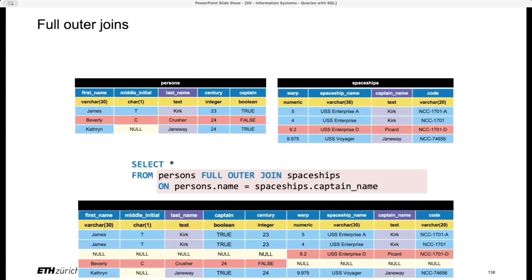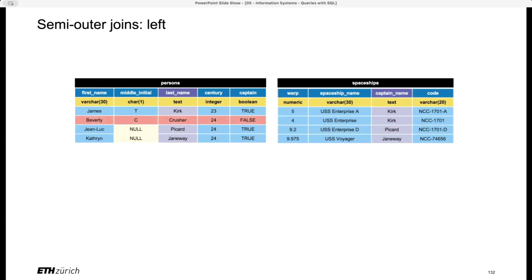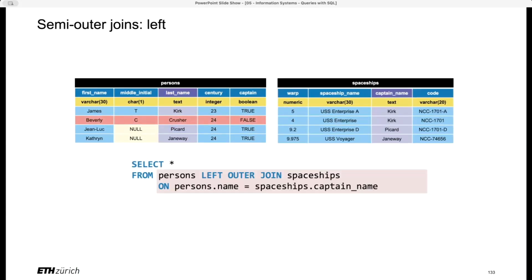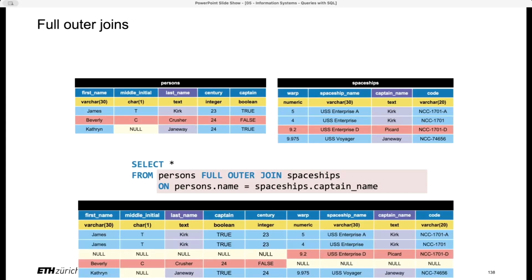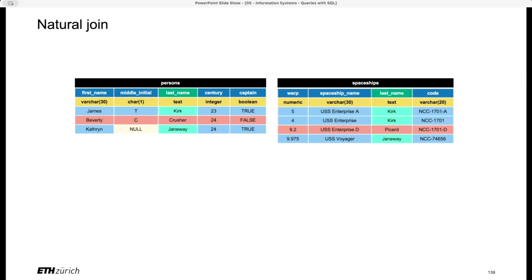These are all the combinations of including or excluding the records on the left or on the right that have a match. Okay? So that's it. So you see, inner join, left outer join, right outer join, full outer join. That would be if you want to spell the whole names of the joins.